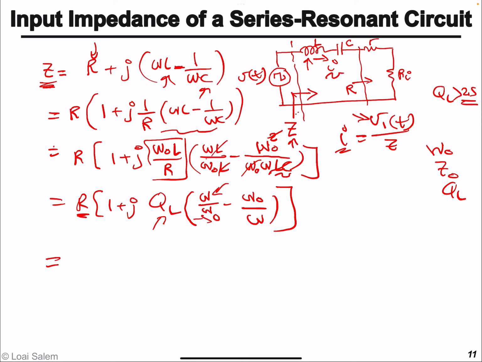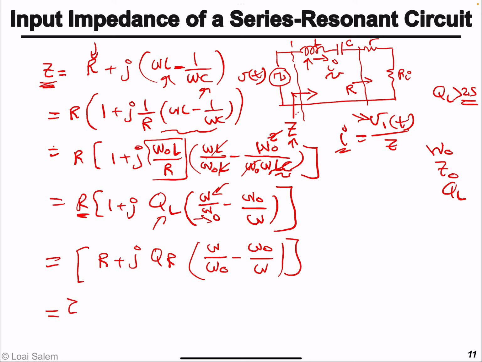So we're going to multiply the R inside, and then let's take Z naught as a common factor.